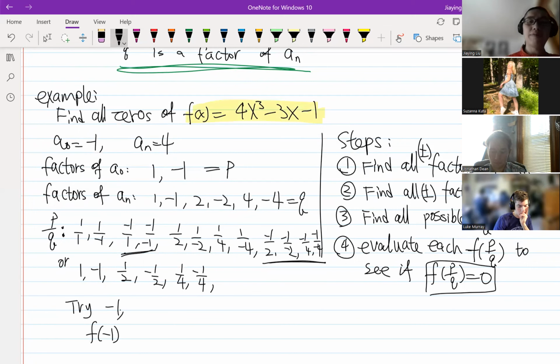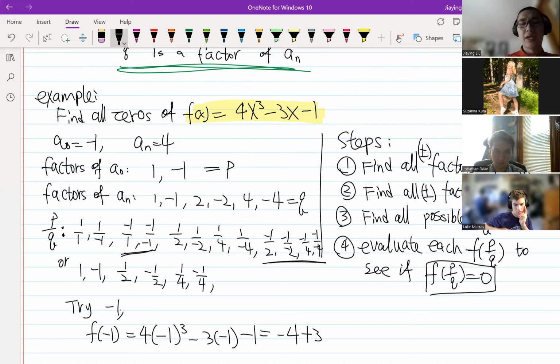So if I put -1 in for x, I get 4 times -1 cubed minus 3 times -1 minus 1. That's 4 times -1, that's -4, minus 3 times -1, that's plus 3, and then minus 1. That's not equal to 0 because that's equal to -2. So -1 is not going to be a 0.